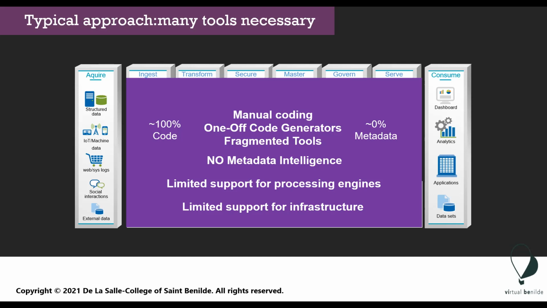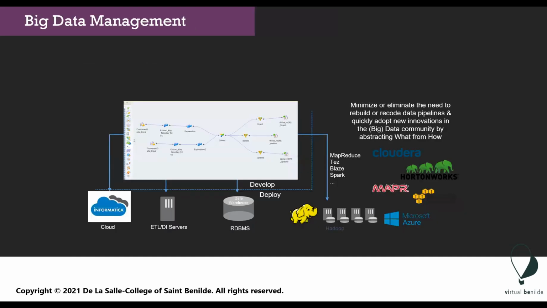Flume can also be used to transport event data, including but not limited to network traffic data, data generated by social media websites, and email messages. Okay, so this is how it goes, as you can see in the figures.